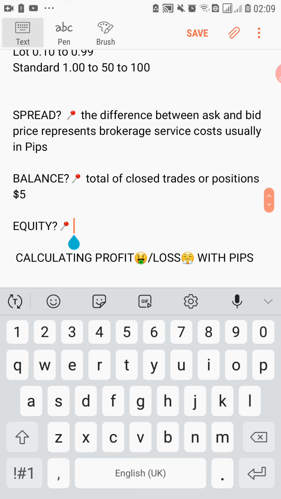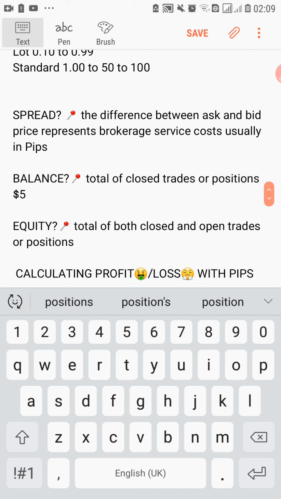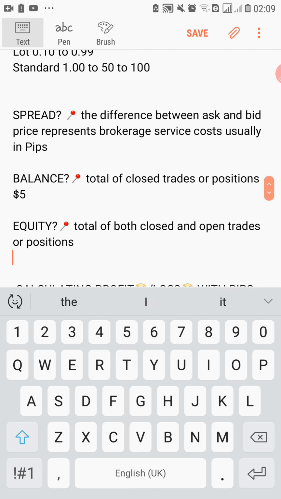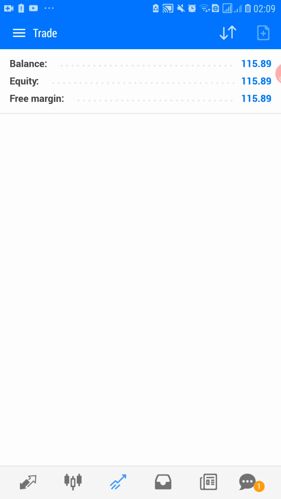Okay, then the next thing we need to understand is equity. This is a total of both closed and open trades or positions. Let's just say we made a profit. Our balance is $5, all these are closed, there are no active trades happening, that's why nothing is moving.